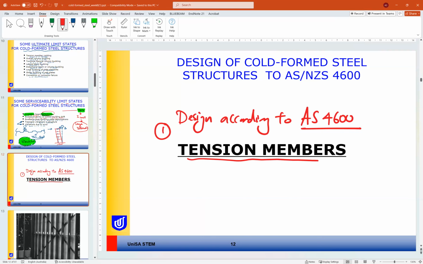Actually, it is not only for Australia, so this is the correct name. It is for Australia and New Zealand, so AS/NZS 4600. So we have the same standard as New Zealand. Okay, do you have this standard, or have you accessed this standard or not yet? You should have a copy of this one as well.